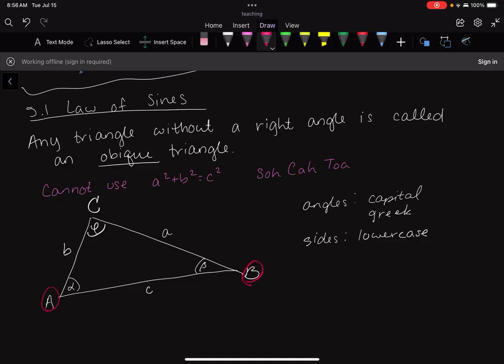You could have put it over here if you wanted to. It just matters that you have the correct angle and side relationship.